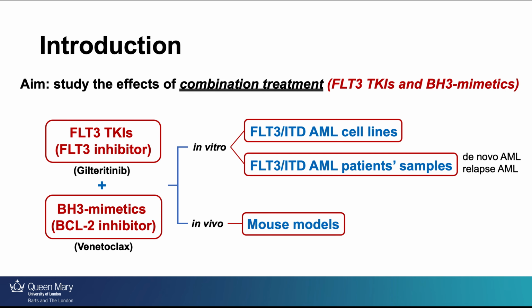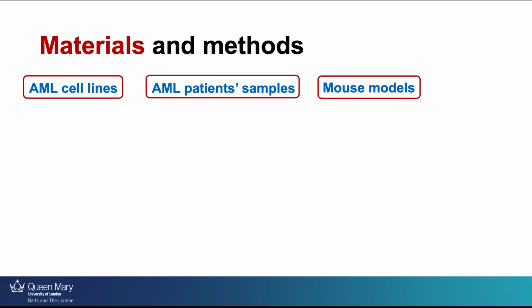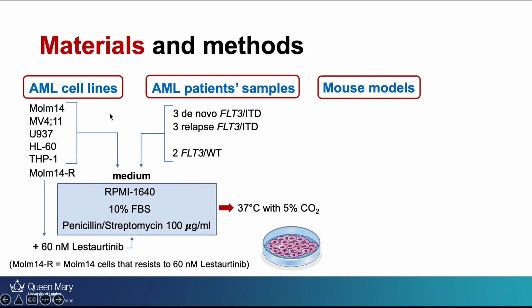So this study aims to study the effect of combination treatment between the FLT3-TKI gilteritinib and the BCL-2 inhibitor venetoclax, both in vitro and in vivo. For the materials and methods, for the in vitro experiments, AML cell lines and patient samples were provided for investigation.